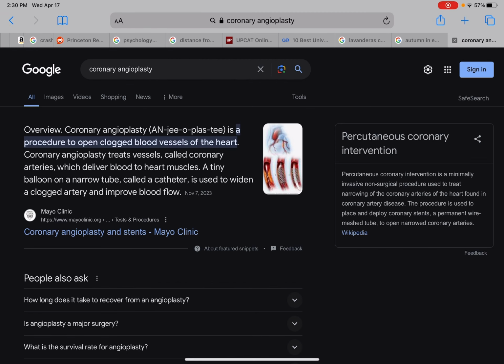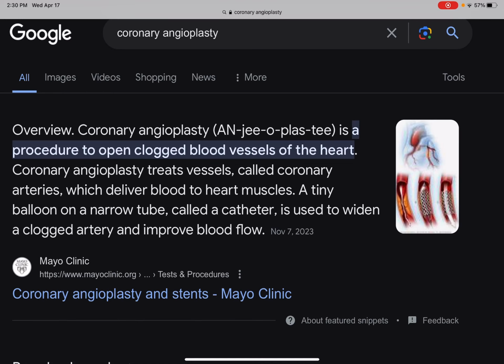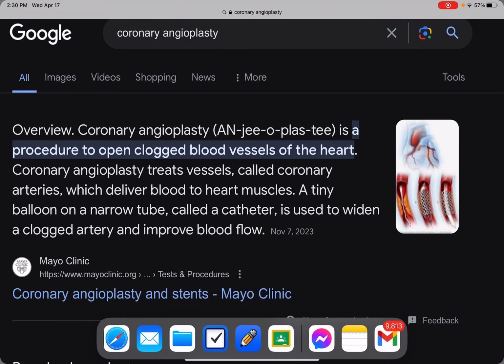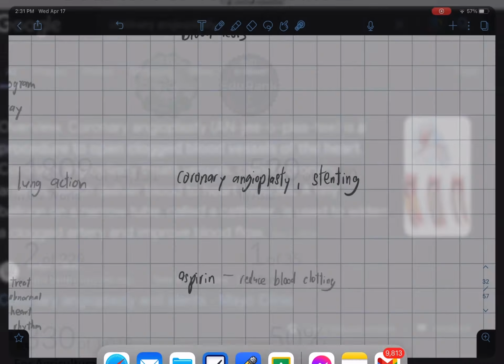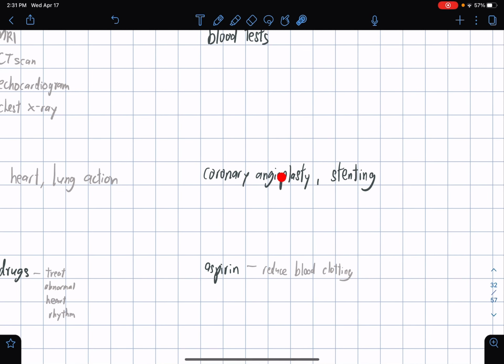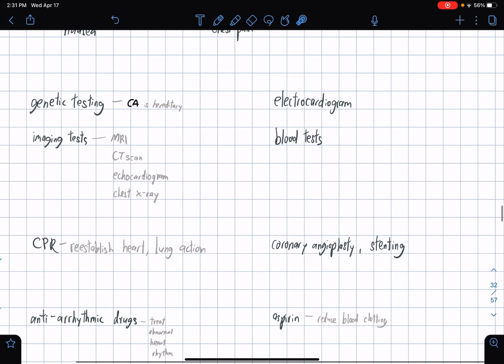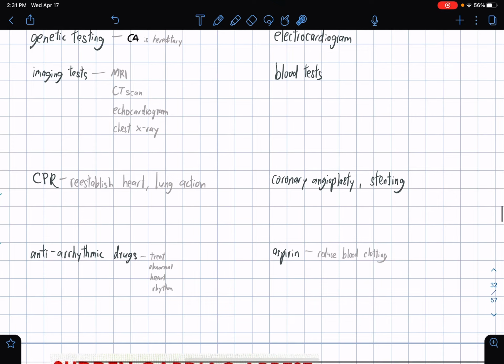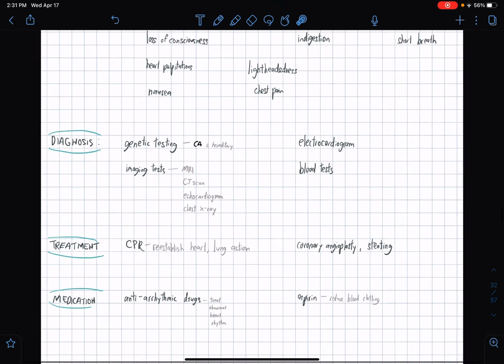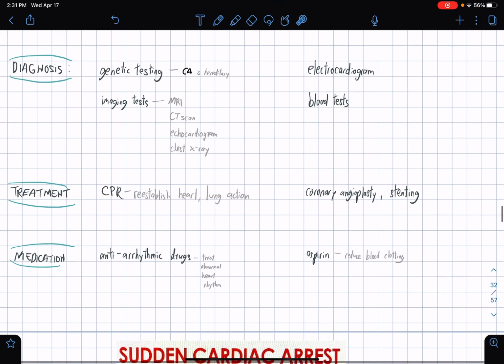Okay, this is intended to open clogged blood vessels of the heart. If angioplasty by itself is intended to remove the buildup of plaque in arteries around the body, this kind of angioplasty is exclusive for coronary arteries. So yeah, stenting, I'm not sure what that means, but that's part of the treatment for heart attack.